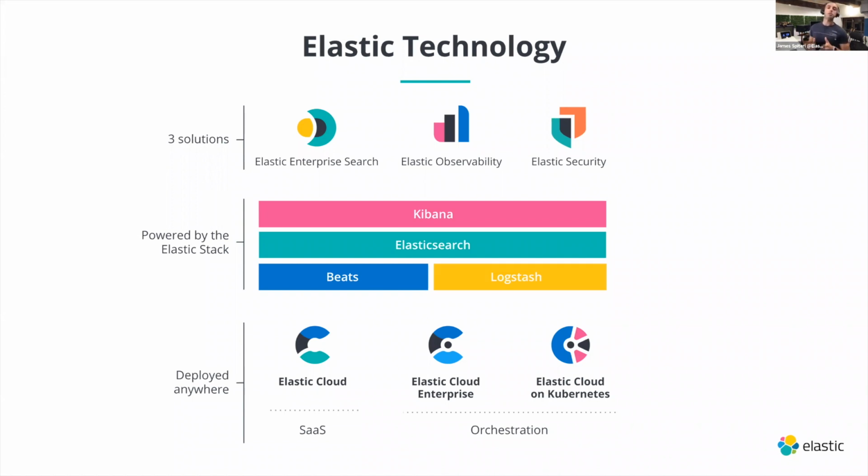We want Agent to be the default way people consume data. It would make more sense when you see it, but Agent works on the concept of an integration rather than you having to deploy a handful of different beats. You say, I want to run X, Y, and Z on a machine, pick your integrations, build a policy, distribute it, and you're good to go.